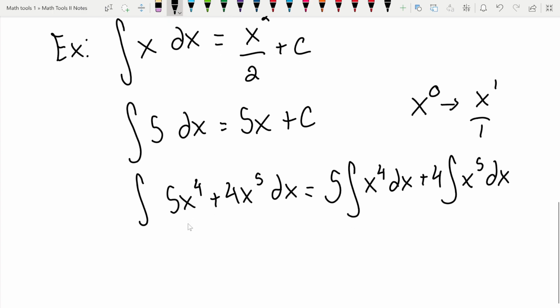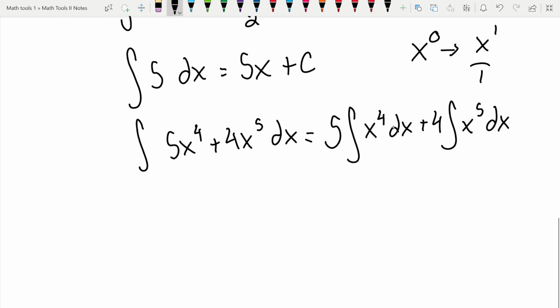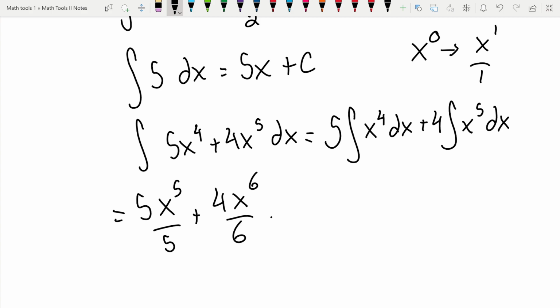Okay, and then these are just using the power rule, you can find these. So 5x to the 5th over 5 plus 4x to the 6th over 6 plus c.